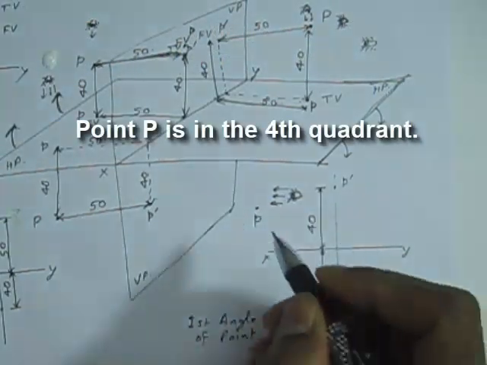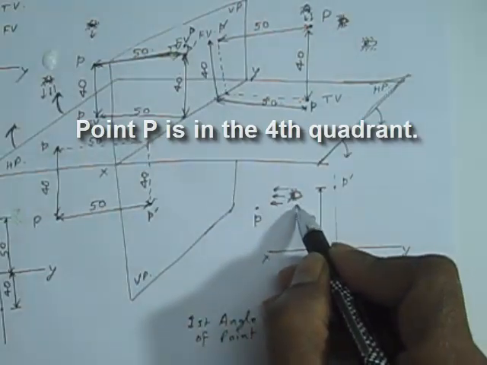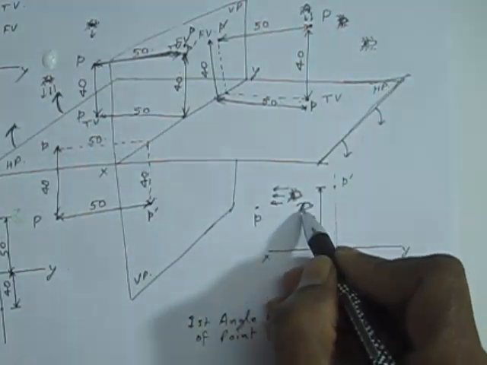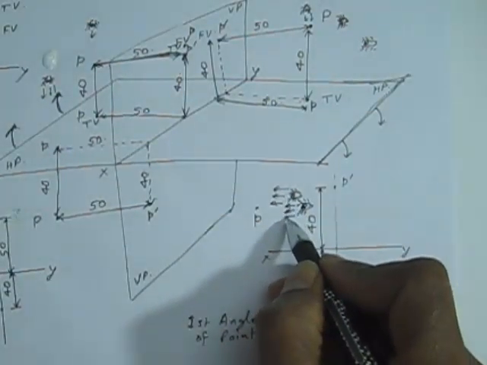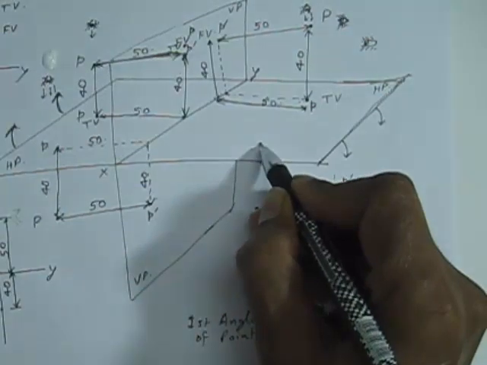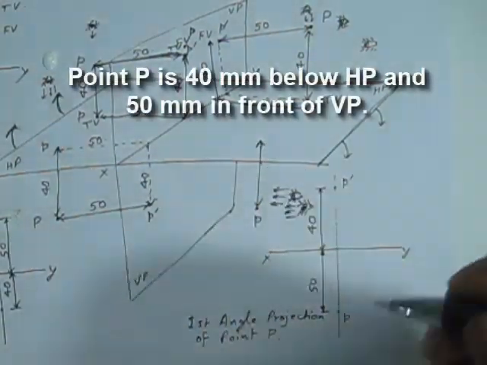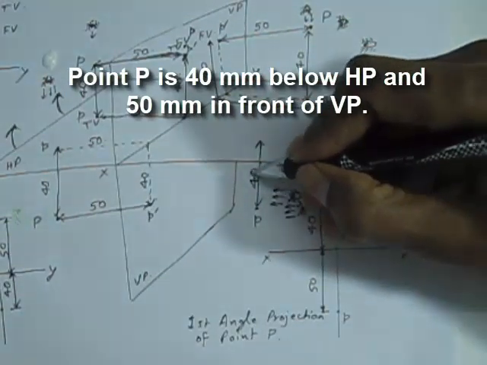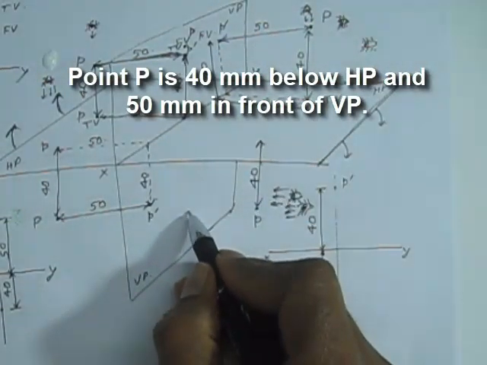Now finally, the fourth angle projection system. So the point is in the fourth quadrant. Point P is 40 mm below the HP and 50 mm in front of the VP.